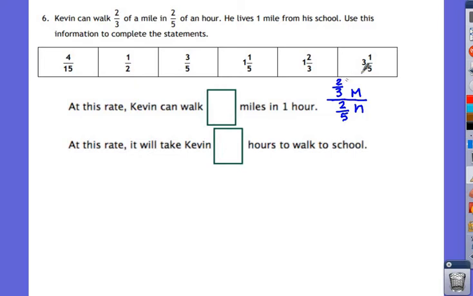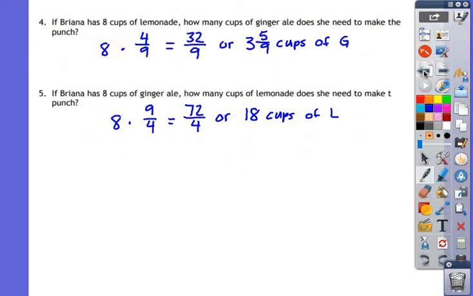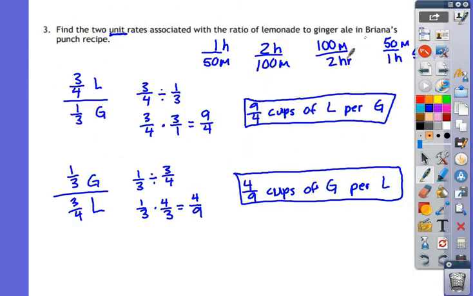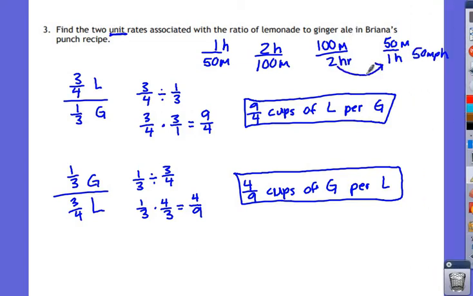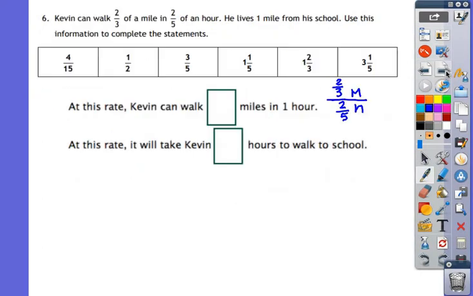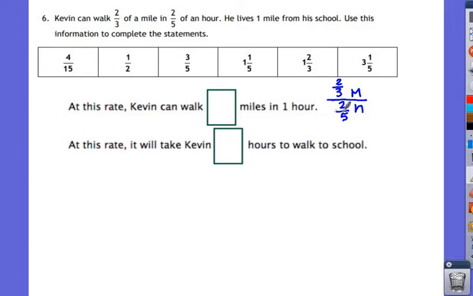So just like I had said here, did we have to ask ourselves what we did from 2 to get to 1? No, we just divided this and knew 100 divided by 2 was 50. We're going to do the same thing here. I'm going to take this and divide it by this.